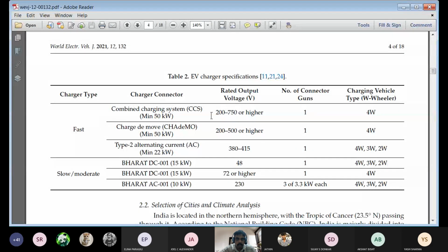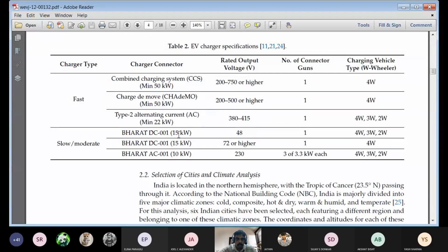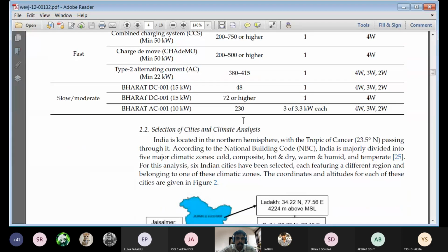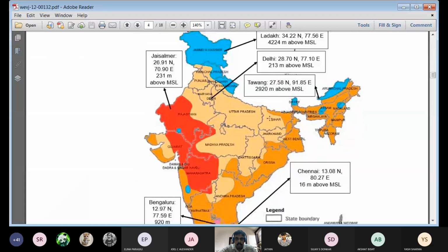This data you will get from the internet also if you search. Okay, Bharat DC, some standards are there. Nowadays, the government is also promoting EVs, electric vehicles. So some standards are being set up, and according to those standards they selected locations: Ladakh, Delhi, Chennai, Tawang, Bangalore, etc. Different climatic zones, some selected cities they have taken.